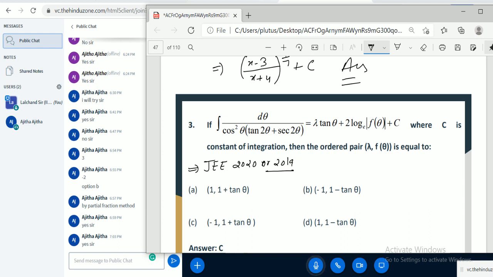Can you solve this? Is there any idea how to simplify this kind of expression?